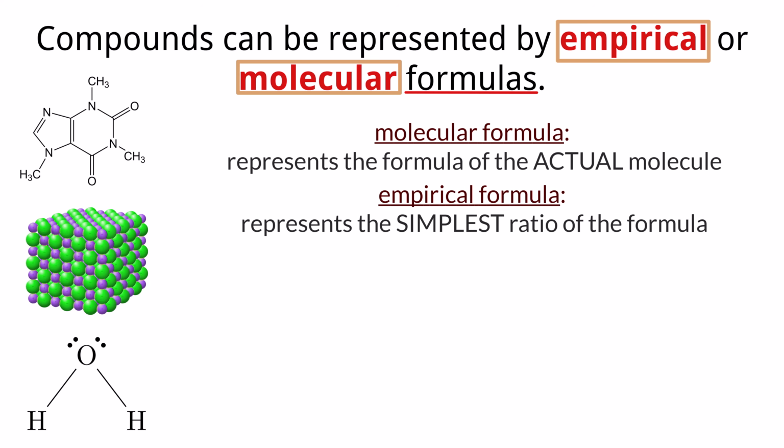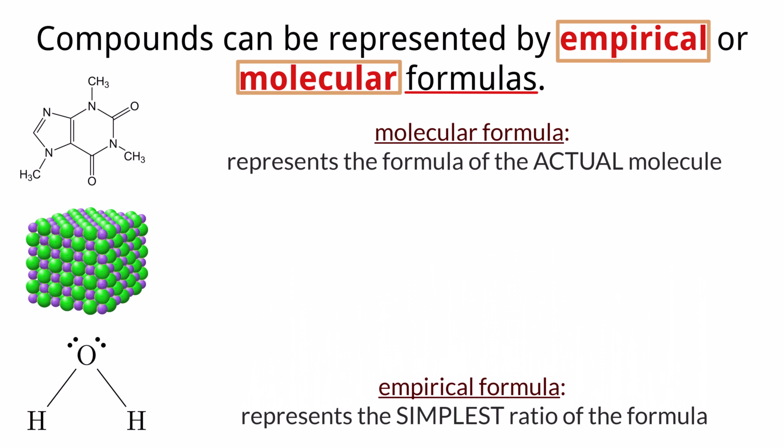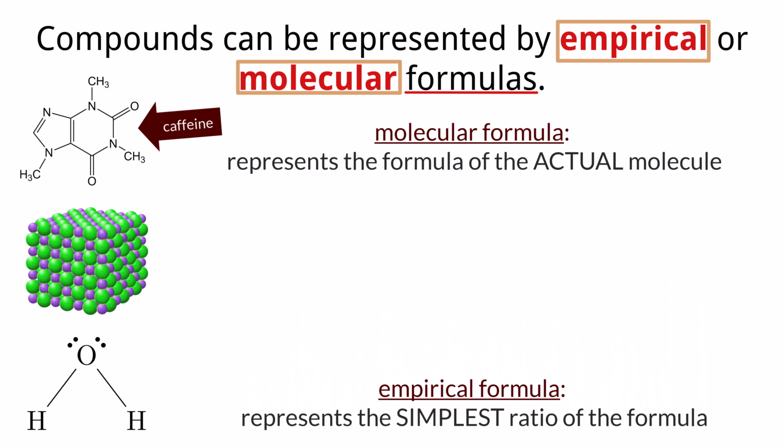For example, if we discuss a chemical you may be quite familiar with, caffeine, we would say its molecular formula is C8H10N4O2. As you can see here, in the structure of this chemical there are 8 carbon atoms, 10 hydrogen atoms, 4 nitrogen atoms, and 2 oxygen atoms.